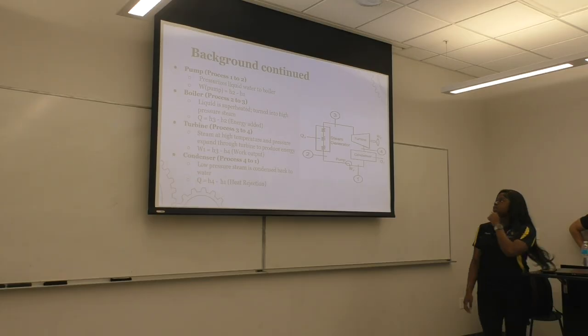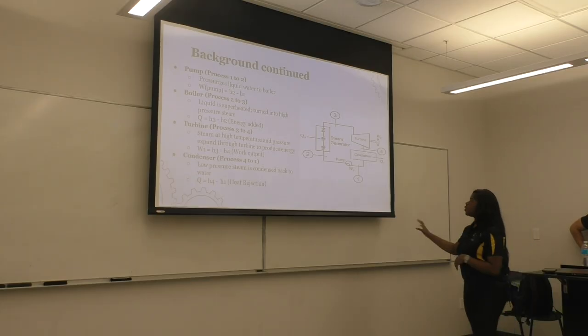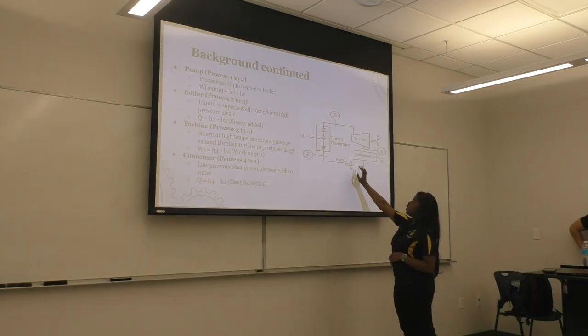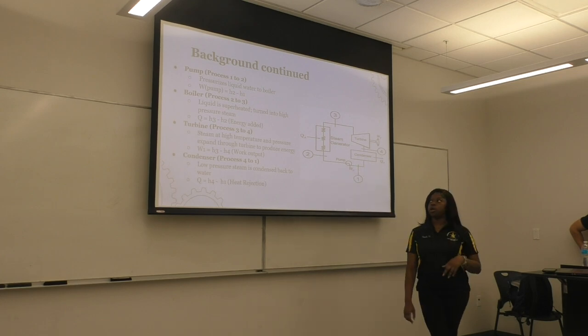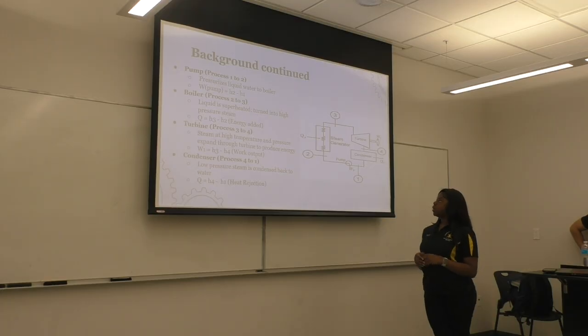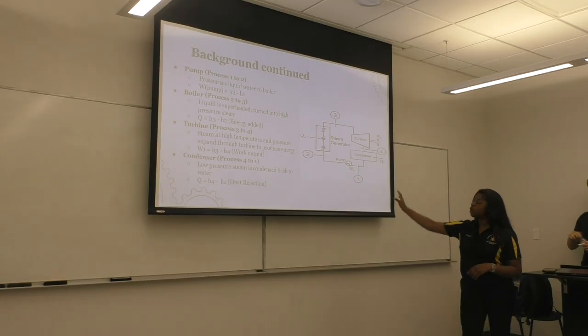To give more specific background, the first stage is from the pump to the boiler. The pump pressurizes the liquid water to send to the boiler, and that's the calculation specific to the work of the pump.